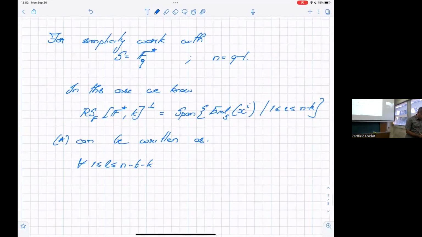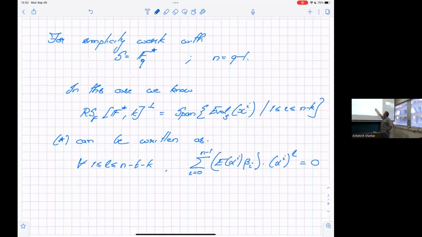We should have the summation going from 0 to n minus 1 of e alpha I theta I. This one should be orthogonal to this, which is the E dot beta function, the Hadamard product, the element-wise product. That is the function x power I. So let me write that here.